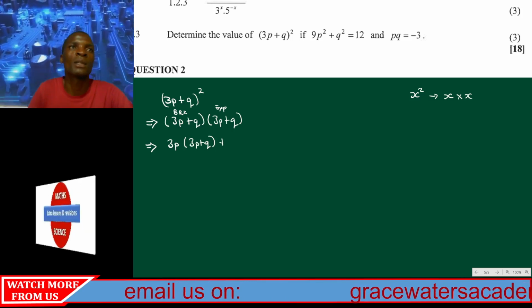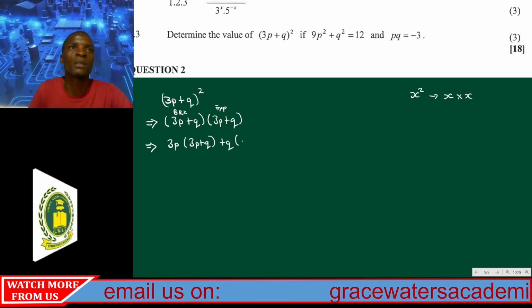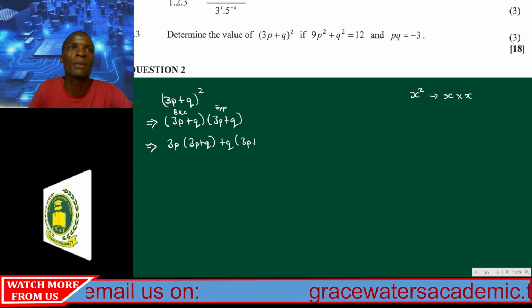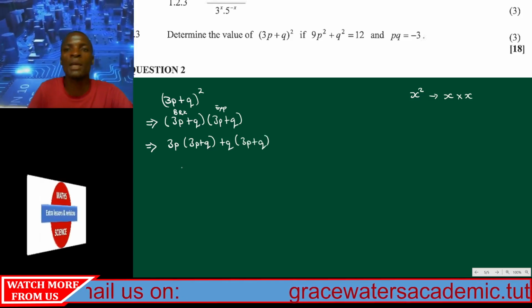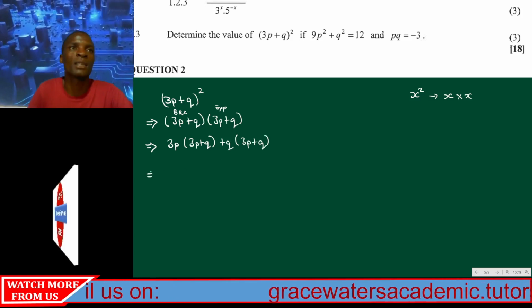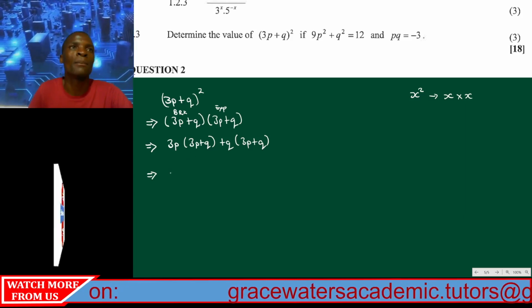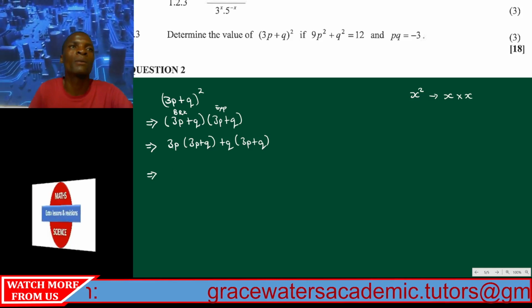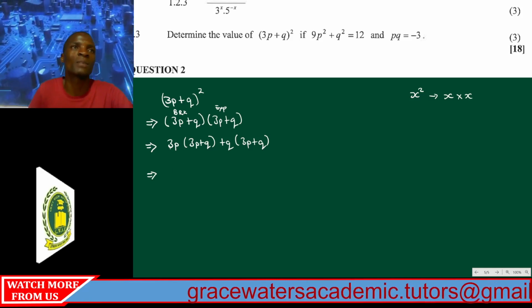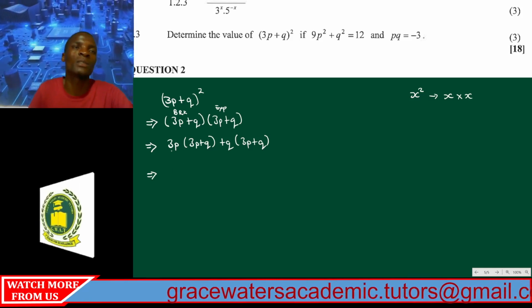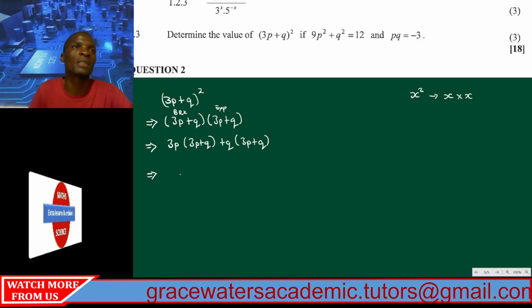The next component is plus q, it gets into the second bracket, 3p plus q. When we are expanding, using the rule, the term outside affects every term inside.